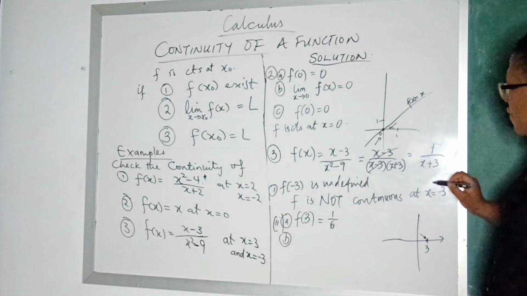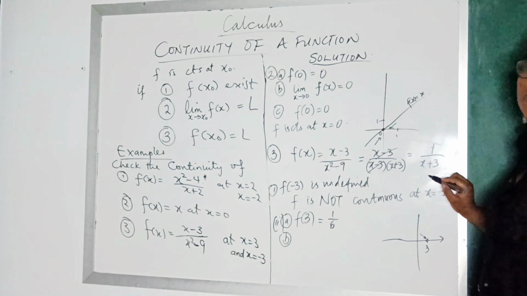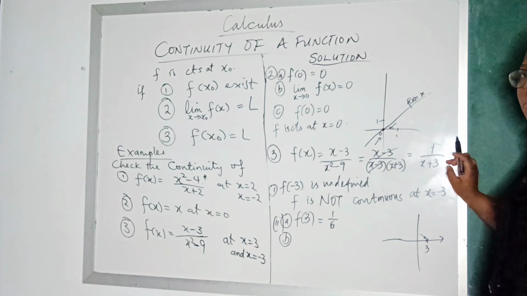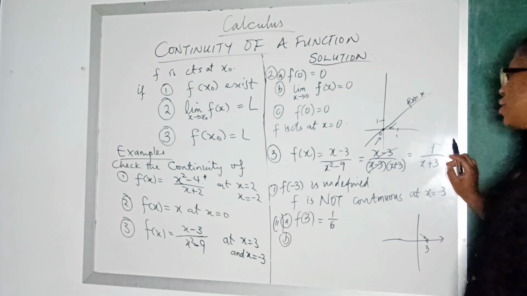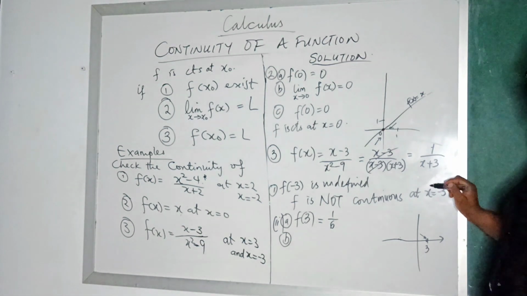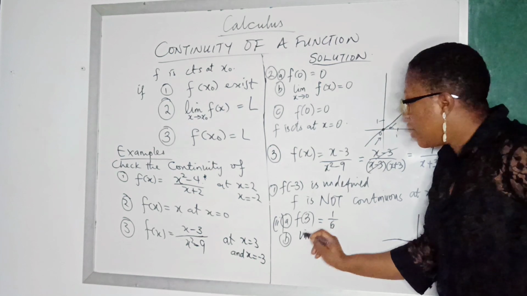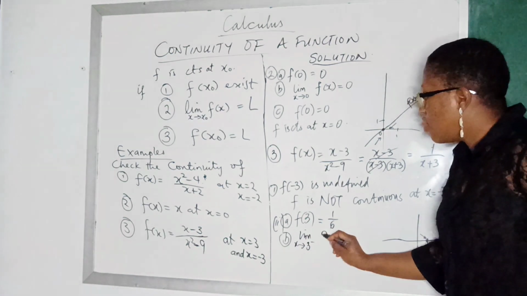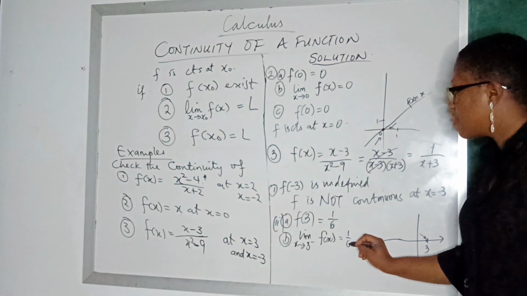Going to 3 from the left hand side, we take a number less than 3, maybe like 2.99999, and plug it in here. You will see that as it approaches 3, it goes to 1/6. So we have the limit as x goes to 3 from the left hand side of f of x is 1/6.